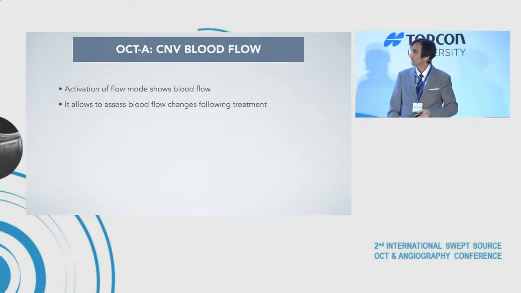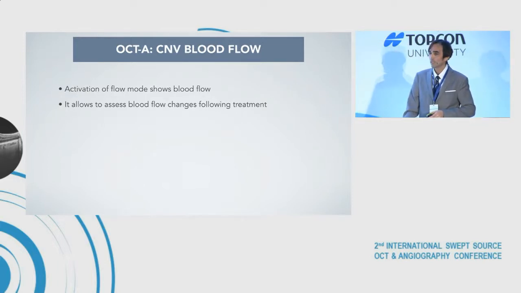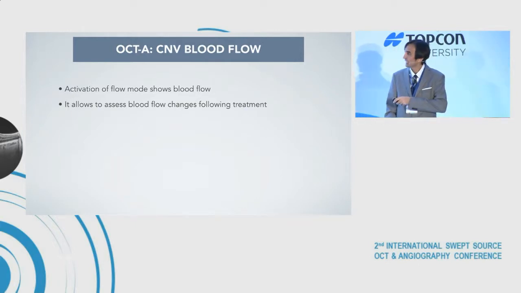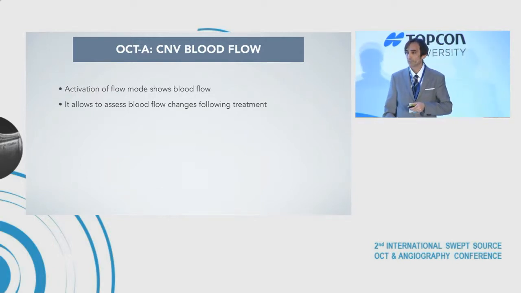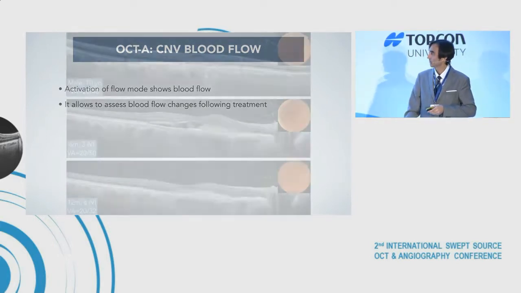Furthermore, OCT angiography can be very helpful to assess blood flow with the activation of flow mode that shows the blood flow. It allows us to assess blood flow changes following treatment, following intravitreal therapy over time.